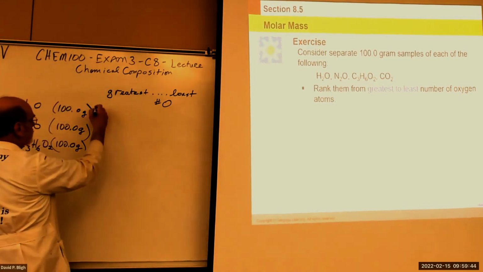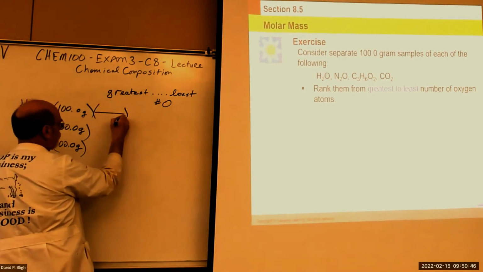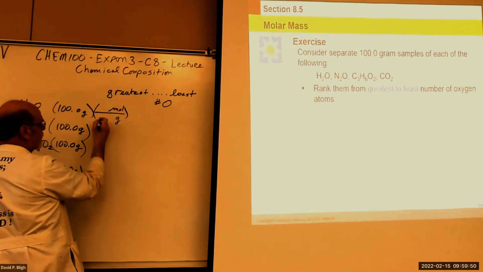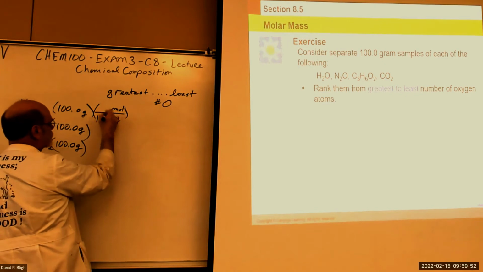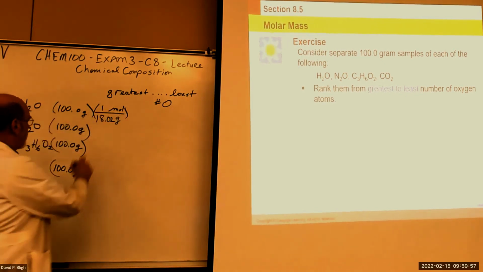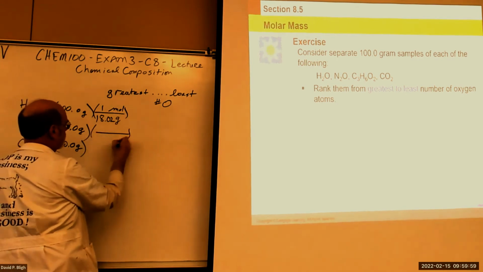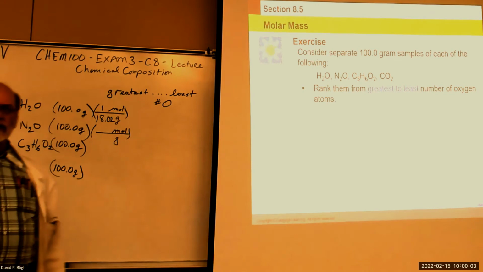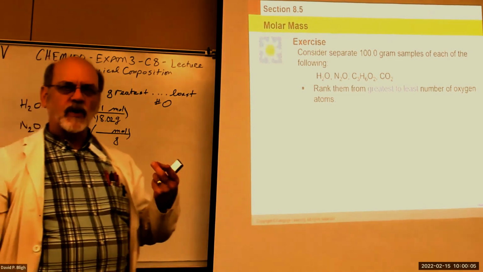So for water, we want to convert grams to moles. And that's moles of the compound. The magic number is 18.02. Right? We just determined that. Molar mass of water. How about dinitrogen monoxide? Well, let's see. One nitrogen is 14.01.